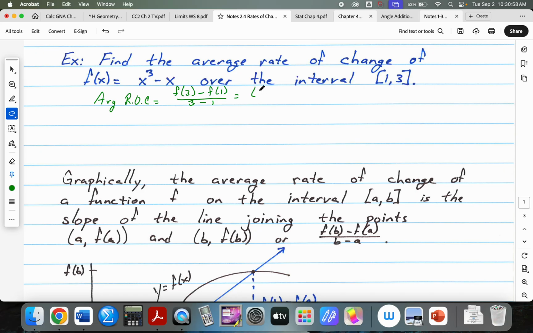So that's going to be 3 cubed minus 3 minus 1 cubed minus 1 all over 2. See, that's 24 minus 0 over 2 is 12.